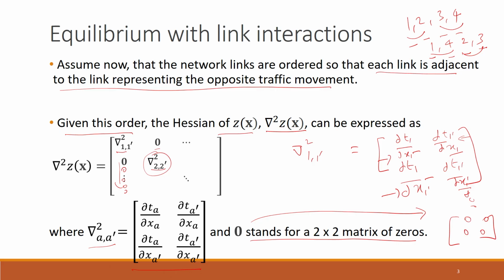So, only those entries will be non-zero, and since the travel time on link 2 is not a function of the flow through link 1 and link 1 dash and link 3 dash, this is 0, and similarly the entries below this are also 0. Okay. So, this is how we get this Hessian matrix corresponding to this objective function here.